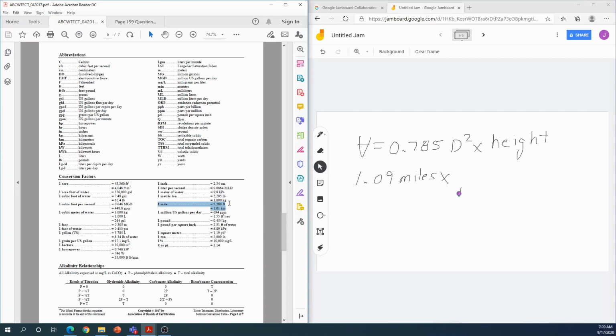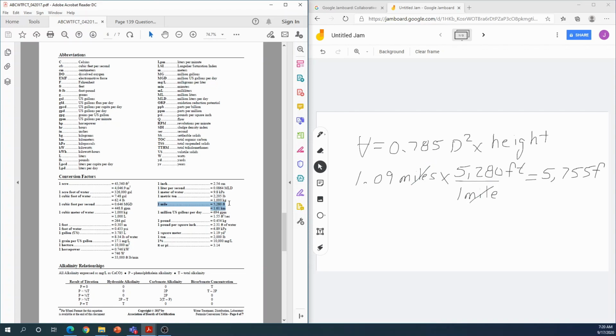So miles on the bottom, and 1 mile, we have 5,280 feet. This is equal to then 5,755 feet. So miles cancel miles.